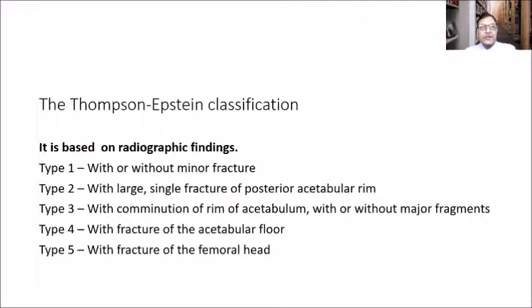Remember, the head of the femur is going posteriorly and it is passing through the posterior acetabular rim, thereby fracturing it. The third one is when the posterior acetabular rim is fractured and there is comminution also, so it is difficult to repair it. And the fourth one is when the floor of the acetabulum itself has been fractured. And the last one is when the femoral head is fractured.